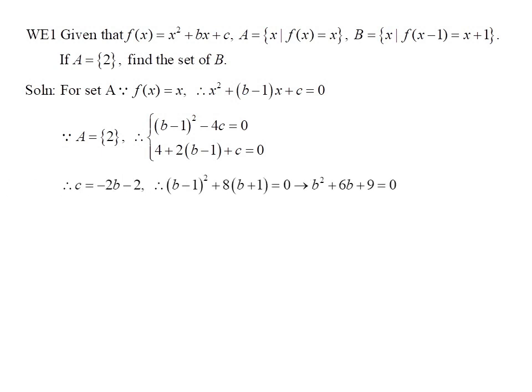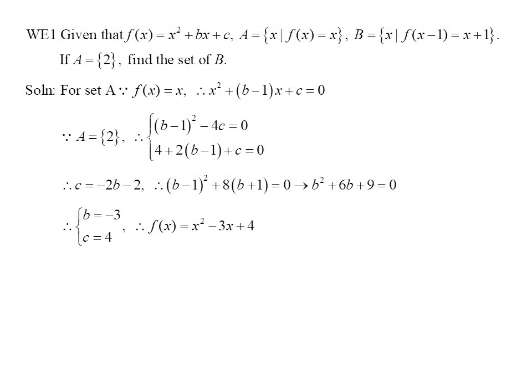Solving the simultaneous equations by the substitution method, we obtain b equals -3, c equals 4, so the quadratic function becomes f(x) equals x squared minus 3x plus 4.